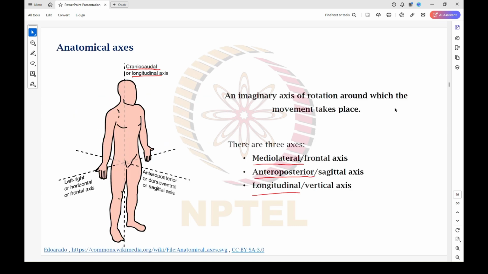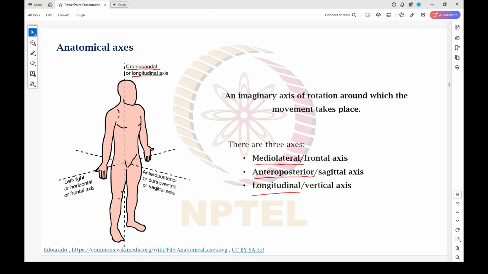Now there are again three anatomical axes, like the three anatomical planes: the longitudinal or craniocaudal axis, which passes through the top of the body; the left-right horizontal or frontal axis; and the anterior-posterior or dorsoventral axis, coming from the back to the front.